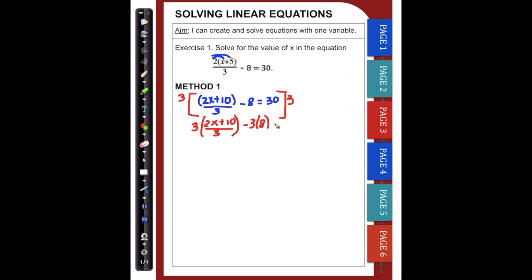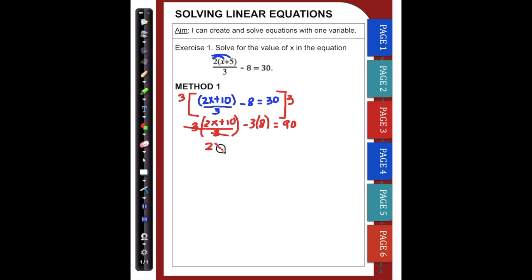If you look at the left side of our equation, you have 3 in the numerator and 3 in the denominator. So that means we can cancel out the 3. That was the main reason why we multiplied both sides by 3.